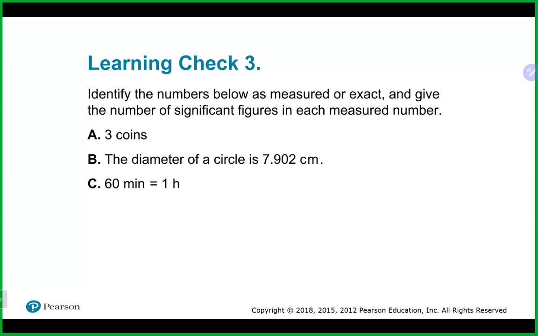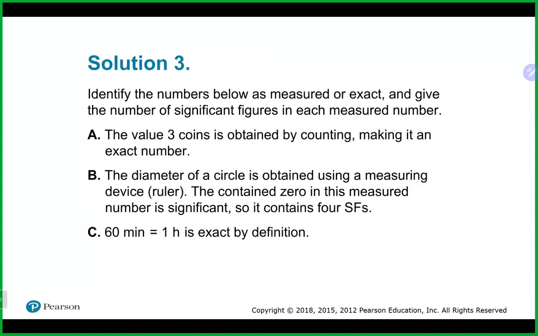If the diameter of a circle is 7.902 centimeters, that's going to be a measured number. And 1 hour has 60 minutes, and that would be a definition, or an exact number. So in each of those cases: exact number, measured number, and an exact number by definition.